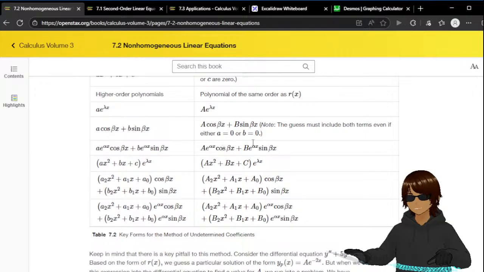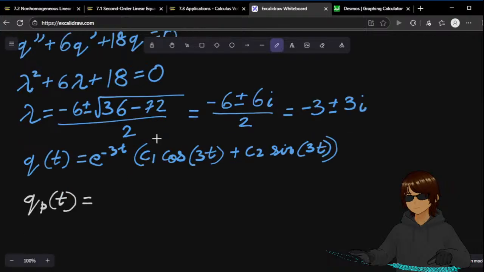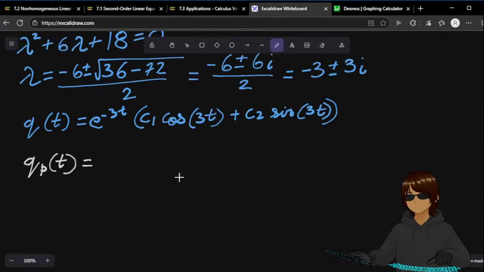But alpha and beta are both 1. No, alpha and beta is what we are trying to guess. So, yeah, but that's C1 and C2. Is that what they want us to do? Okay, let me think about this.